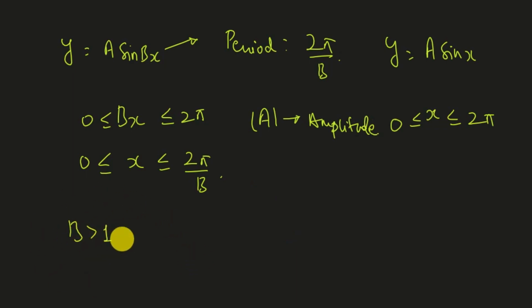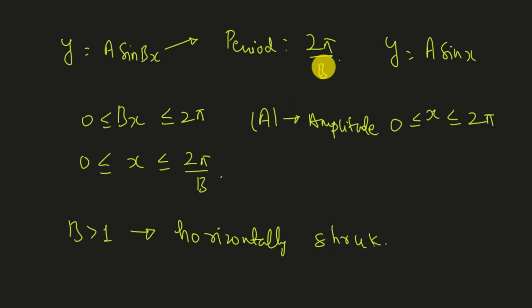It means that the graph is horizontally shrunk. Why shrunk this time? Because if b is greater than 1, the period is going to decrease. If the period decreases, the graph is horizontally shrunk. But if b is less than 1, this would be horizontally stretched. The graph will be horizontally stretched, right?